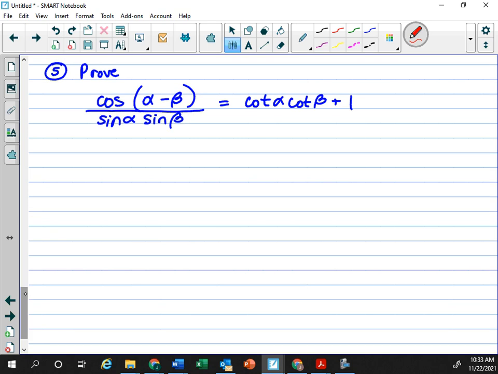The whole big thing. So cosine alpha, cosine beta, plus sine alpha, sine beta, over, can't forget our denominator, sine alpha, sine beta.